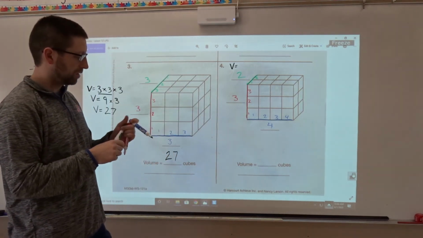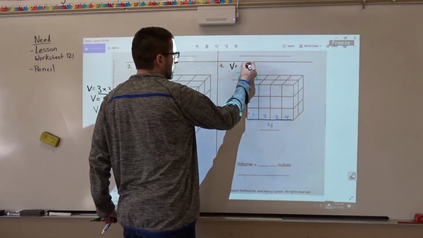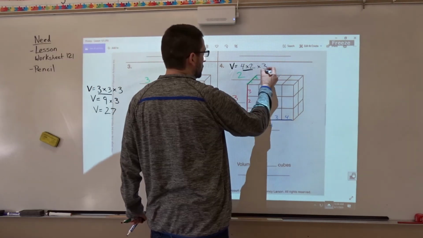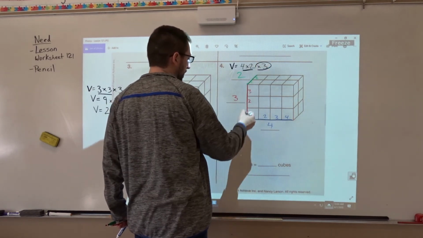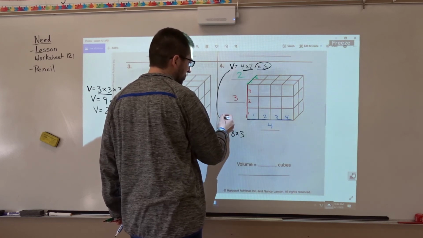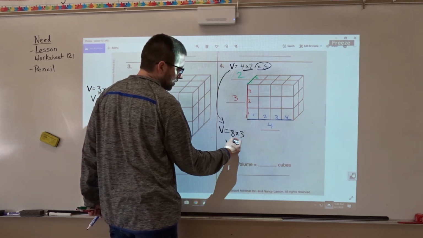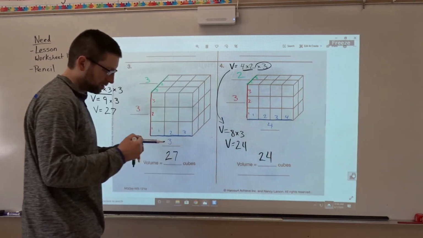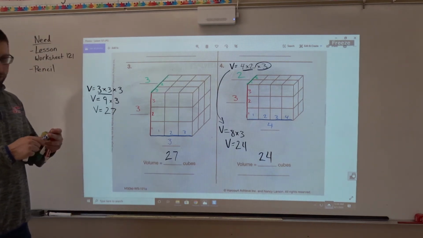So I'm going to do 4 times 2 times 3. 4 times 2 is 8. And I have that part left, so I need to do times 3. 8 times 3 is 24. 24 cubes.